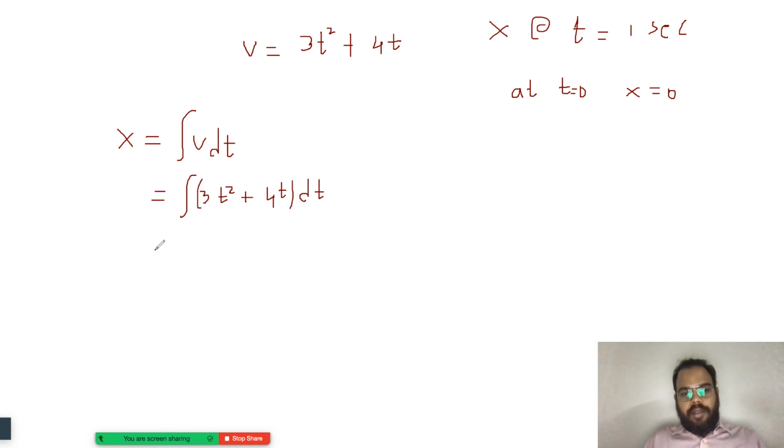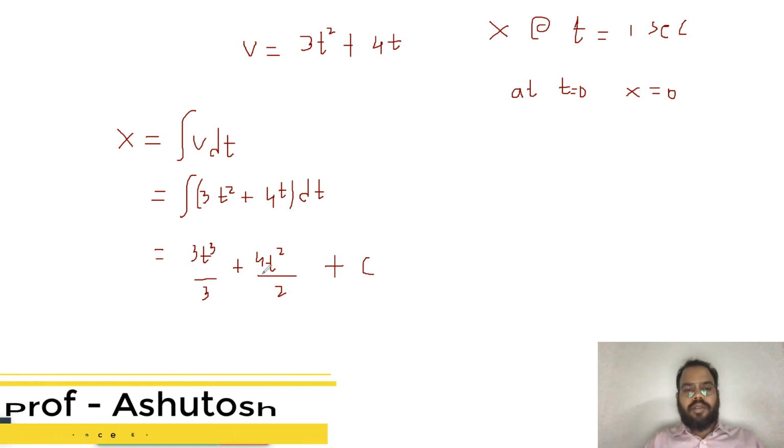If I integrate this, I will be left with 3t cubed by 3 plus 4t square by 2 plus one constant term, because if you are doing an indefinite integral, you have to add a constant.